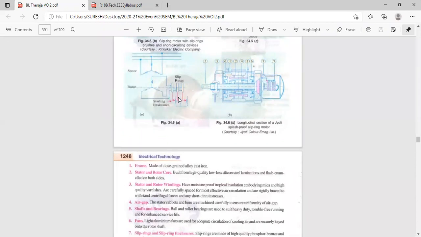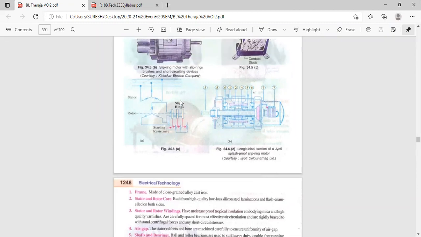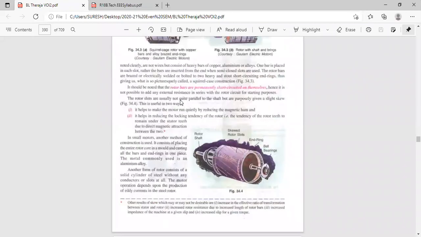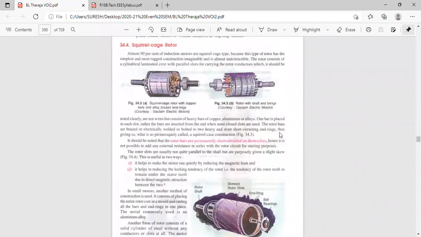But in slip ring, we can add the external rheostat to the rotor windings. That is the difference between slip ring and squirrel cage. And in the squirrel cage rotor, we are giving a slight skew. See here, rotor bars are not quite parallel to the shaft, but are purposely given a slight skew. Why are we giving a slight skew in the squirrel cage? What is the reason for giving a slight skew?